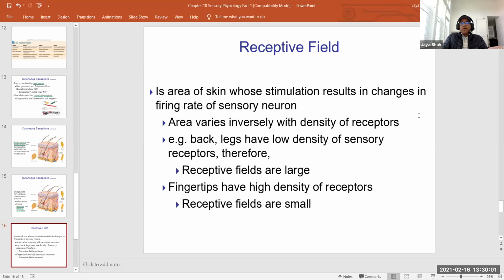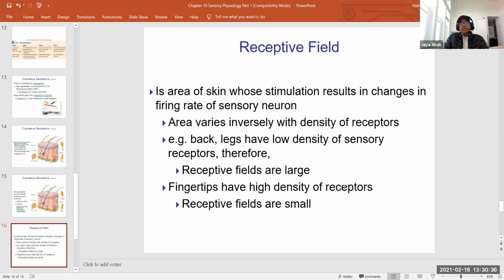And this receptive field area varies inversely with the density of receptors. That means the higher the density of receptors, the smaller the receptive field. The lower the density of receptors, the larger the receptive field. Okay. So here you go.